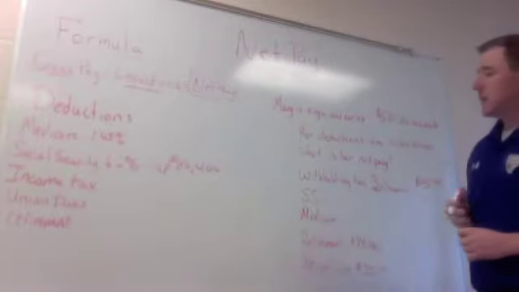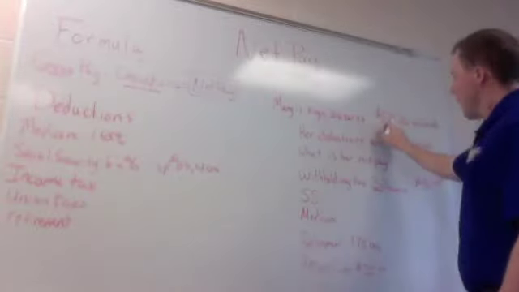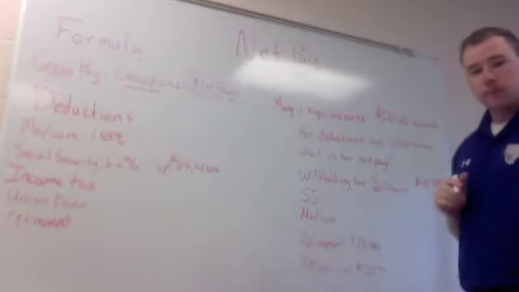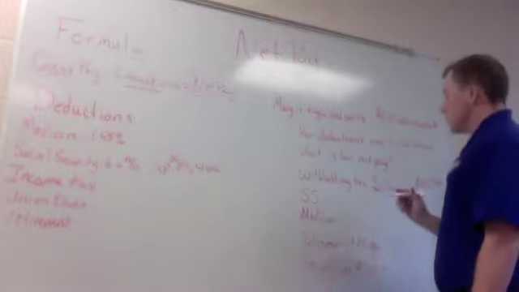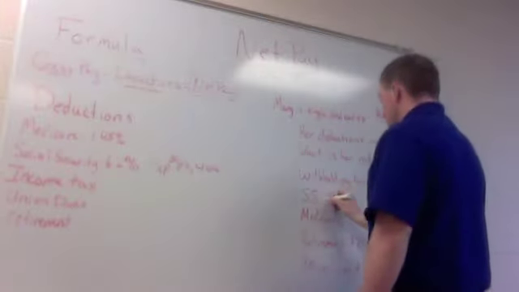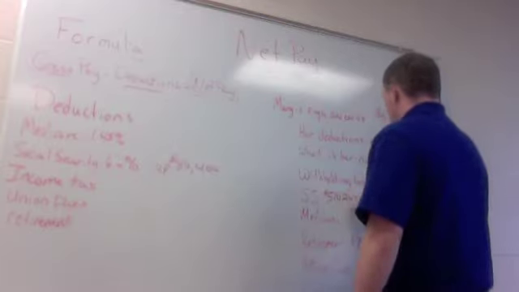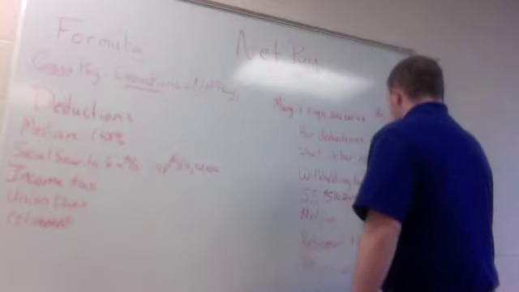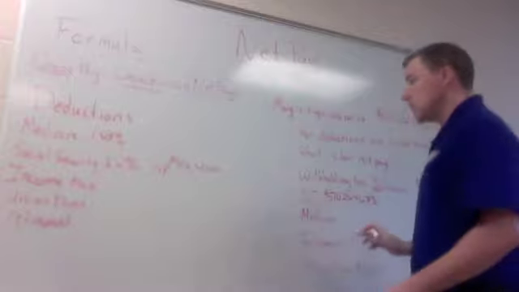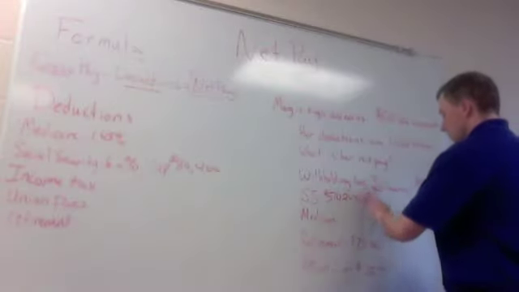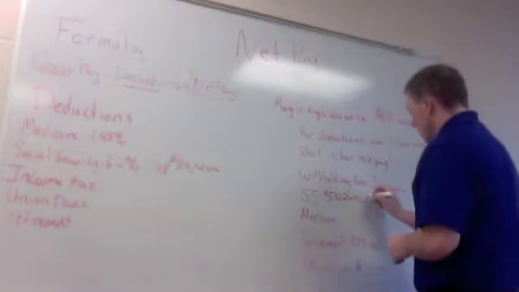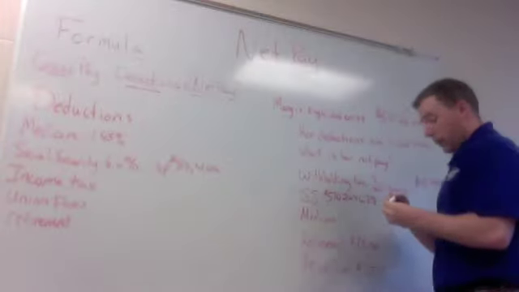Next, we have to figure out how much she's going to get taken out for Social Security. She makes $510.26 a week. We're going to multiply that by 6.2%, because Social Security is 6.2% of your income for the week.